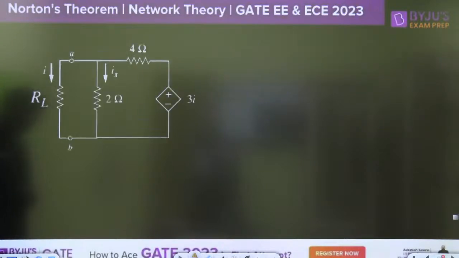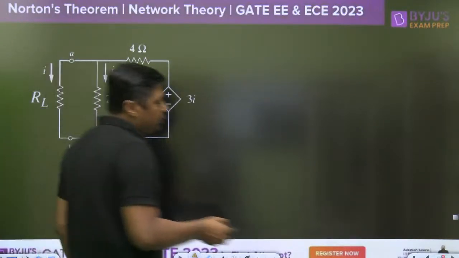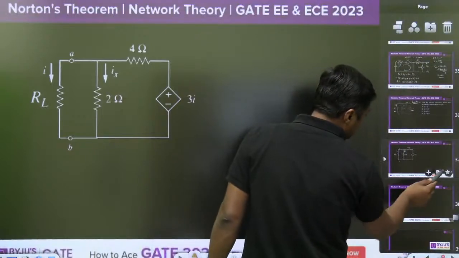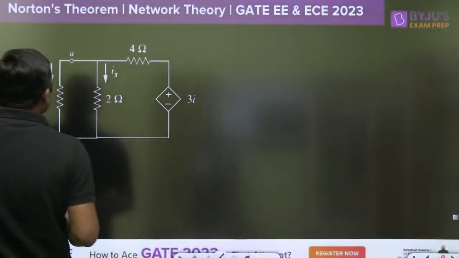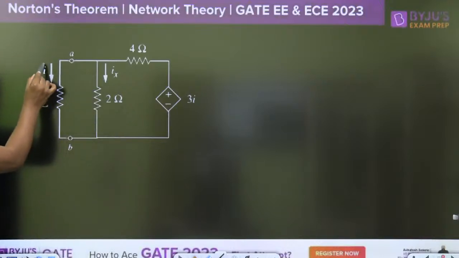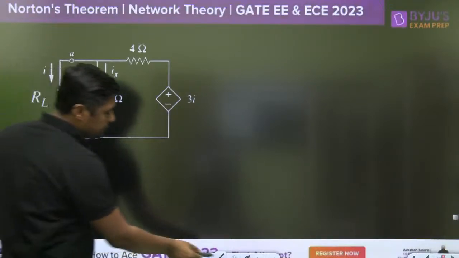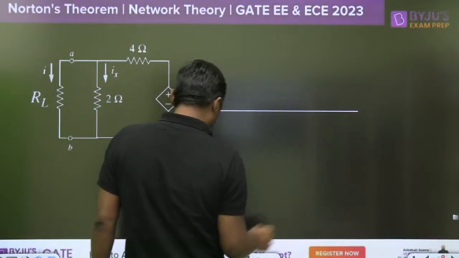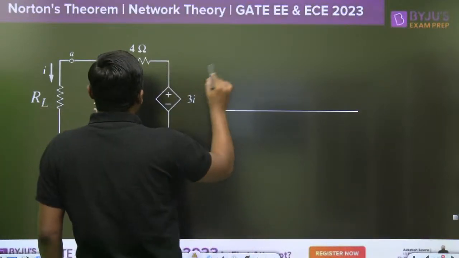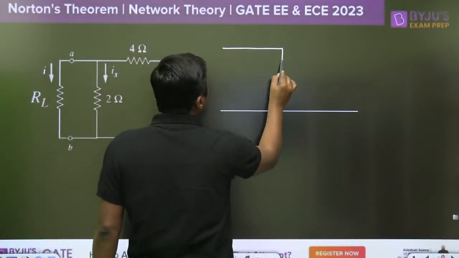Now, be careful about this diagram. Very, very important diagram. When I am removing this RL, remember there is an I. So how to solve? First of all, this is the 2 ohm resistor.